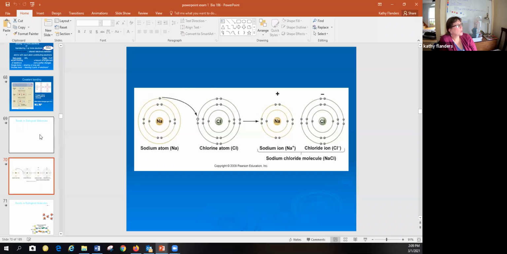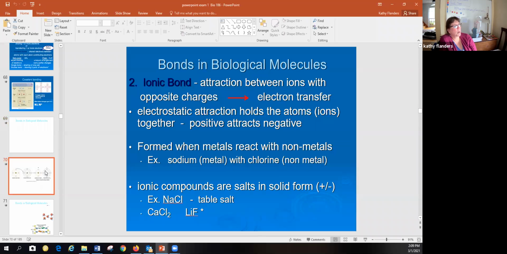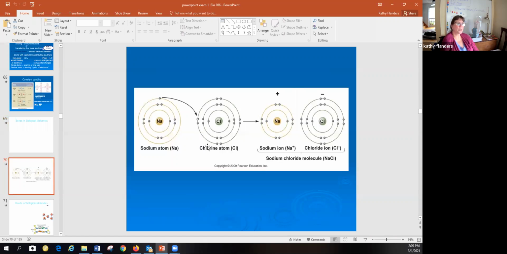The other bond that we looked at is an ionic bond. An ionic bond really is a 2-step bond, because the first thing that has to happen is we have to have 2 different ions, 1 positive and 1 negative. And in order to do that, for example, here's sodium.